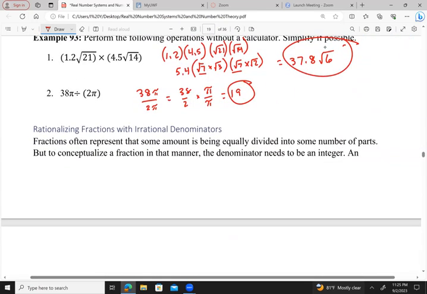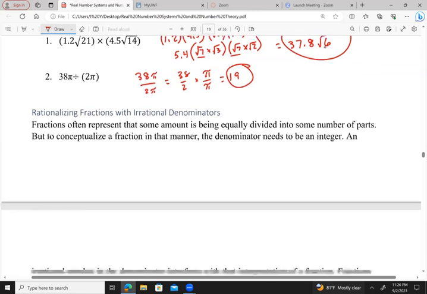The next thing we talk about is rationalizing fractions with irrational denominators. Fractions often represent that some amount is being equally divided into some number of parts. But to conceptualize a fraction in that manner, the denominator needs to be an integer.